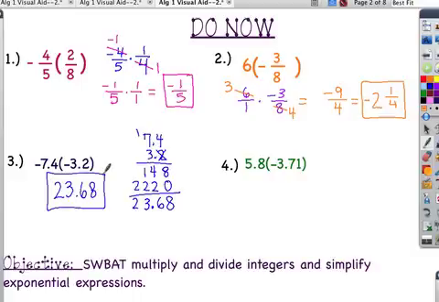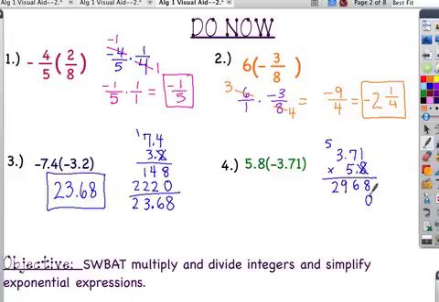Number 4, I have a positive times a negative, so my answer will be negative. And I do 3.71 times 5.8. I do not need to line up the decimal points when I multiply, and I'm going to ignore them for the time being while I go through the multiplication process. 1 times 8 is 8, 7 times 8 is 56. This gives me 24 plus 5, which is 29.